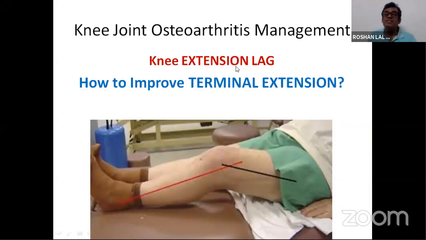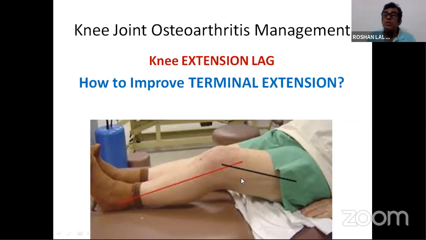Now, knee extension lag is a very common disability which may be seen in elderly patients. And if knee extension lag is there, these patients walk with the knee flexed. And anybody who walks with the knee flexed can put more stress or load on the patellofemoral joint.